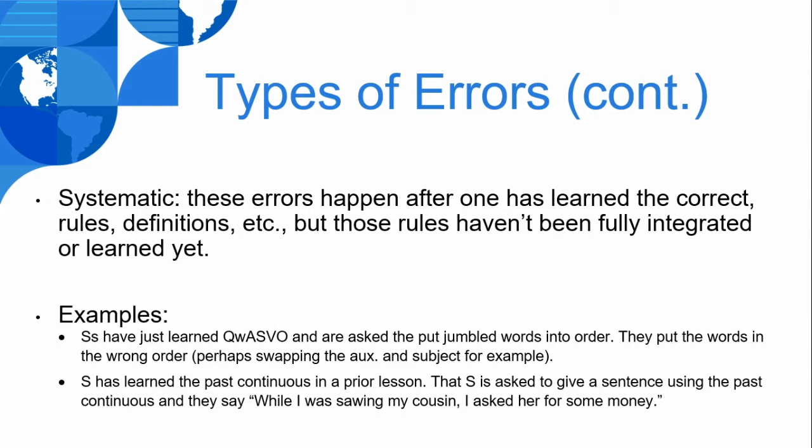Similarly, maybe a student has learned the past continuous in a prior lesson, and then the student is asked to give a sentence using the past continuous, and then they say, while I was sawing my cousin, I asked her for some money. So they are maybe incorrectly applying the rule. They kind of get that the rule is there, they know that's verb with ing, but they're using the past tense there instead of the base form of the verb. So that would be systematic errors.